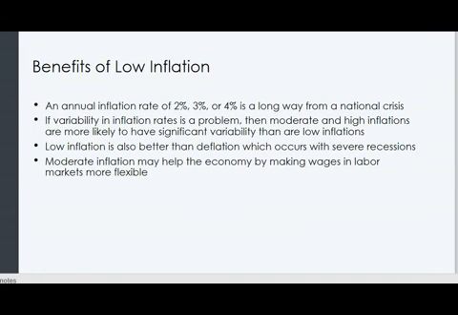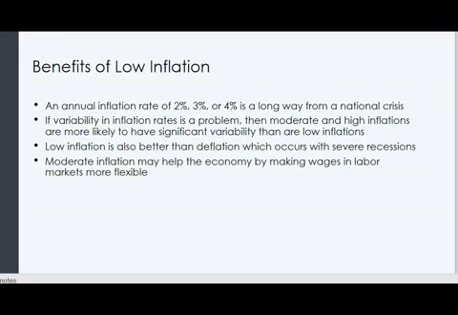So, benefits of low inflation. An annual inflation rate of 2, 3, or 4% is a long way from a national crisis. Okay, so yung mga occasional na 2%, 3%, 4%, katanggap-tanggap pa yan when it comes to economic state. Okay? Pero yung mga masyado na malalaki like 10%, 20% inflation rate, problema na yan sa ating bansa.